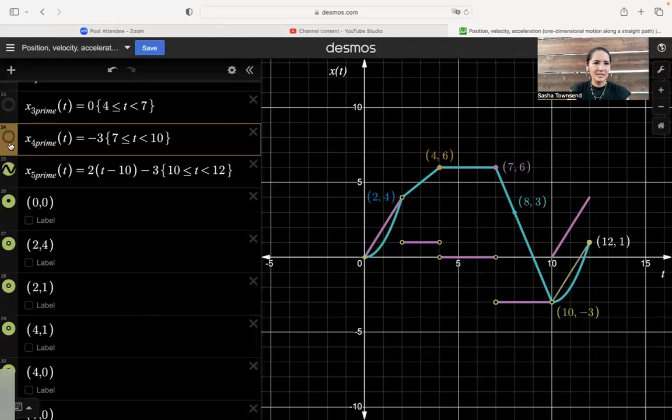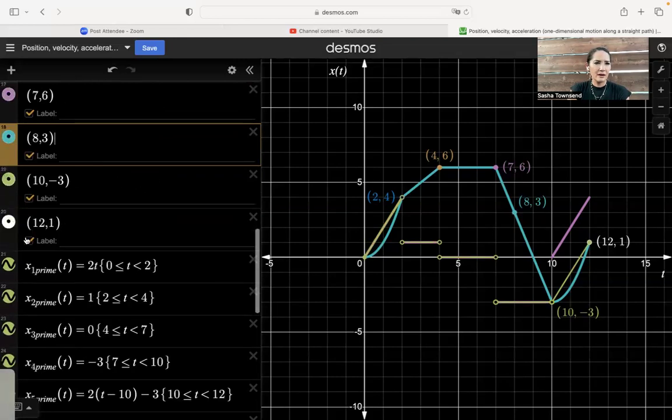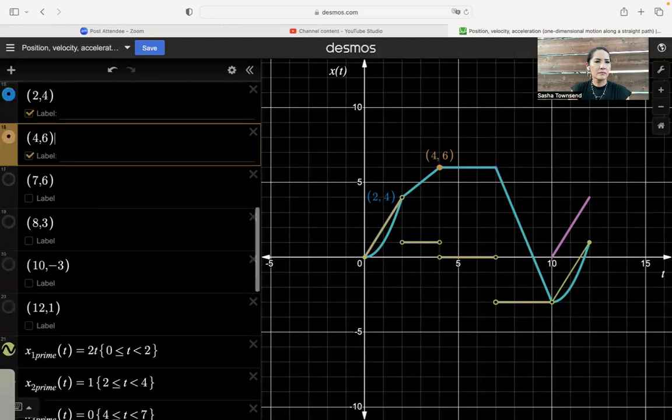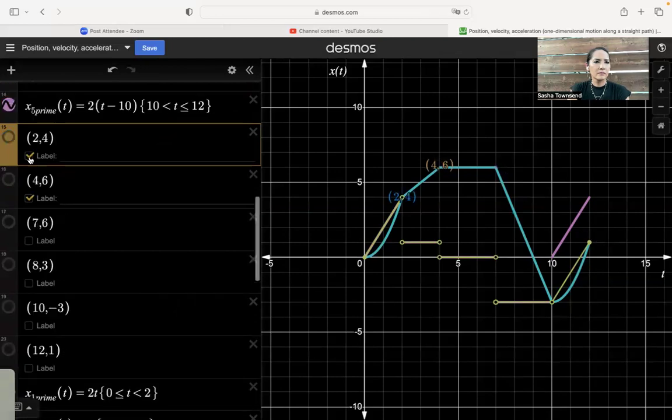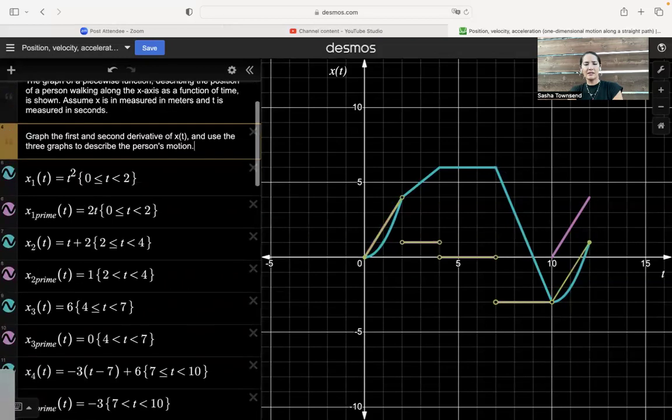Actually, it would be easier to see if I graphed these, and get rid of the original points on the graph. But now we see the green function and then the original function side by side there. And I've got this piece.